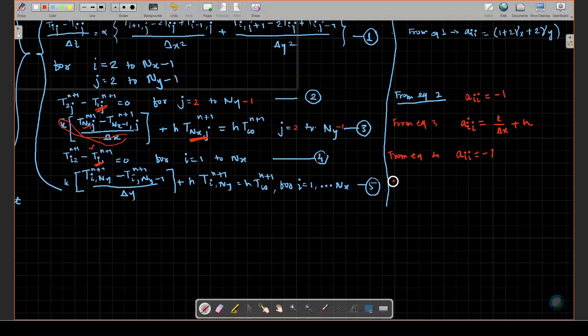From equation 5, this is a top boundary, and this is the central variable, so your Aii is equal to K delta y plus H. This way we have found Aii for equation 1, equation 2, equation 3, equation 4, and equation 5.